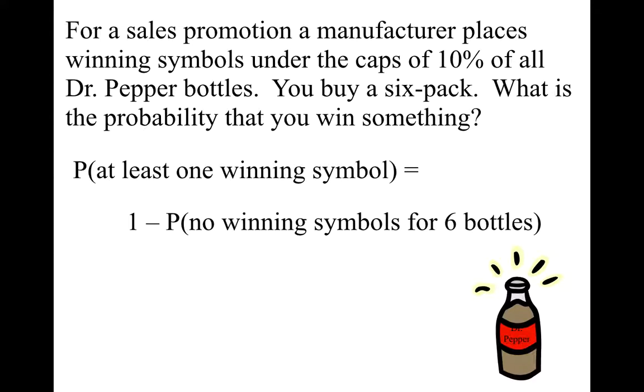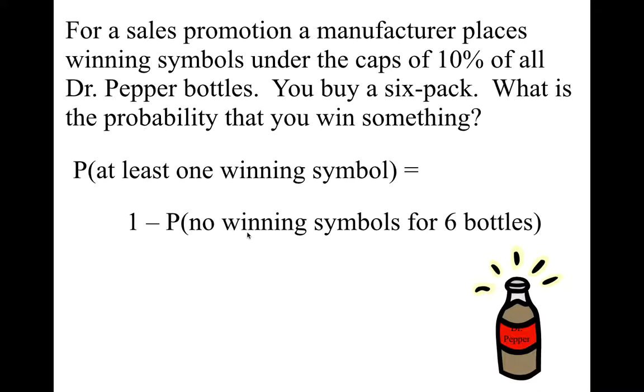The probability that you win something means we're looking for at least one of those to be a winner. So this is an at least one situation, what I've been teaching. We're looking for the probability of at least one winning symbol, which equals 1 minus the probability of no winning symbols for 6 bottles. Again, the probability you're subtracting off is basically the complement.